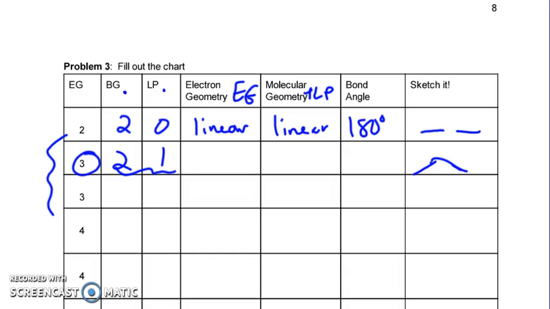The electron geometry is trigonal planar. That was your original, but here is when I added my lone pair. Hopefully you recognize it as bent. So it's about 120, probably just a little bit less because you have that lone pair pushing down on it.